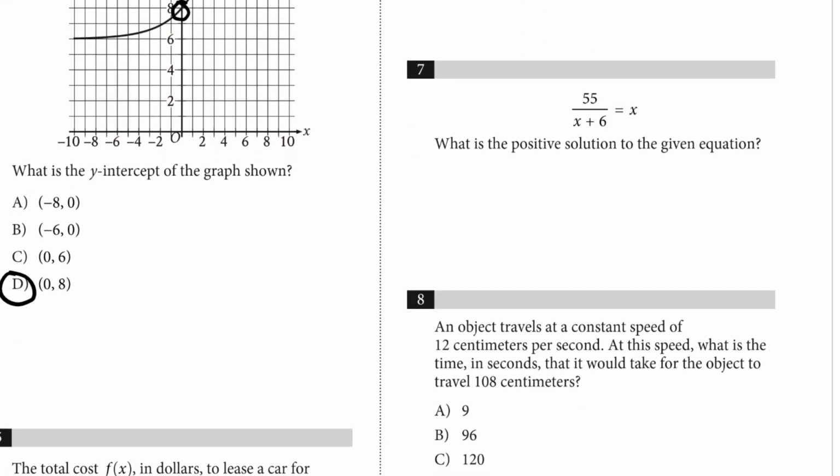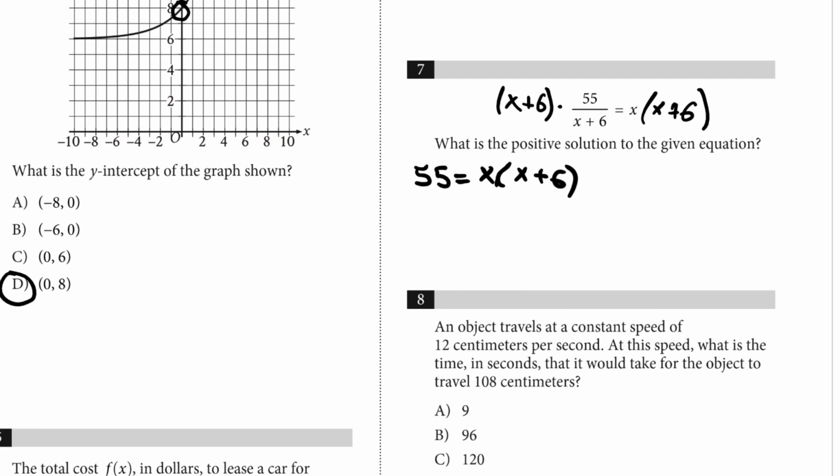Number 7. What is the positive solution to the given equation? We have 55 divided by x plus 6 equals x. The first step is to multiply by x plus 6 on both sides. That will give us 55 equals x times x plus 6.